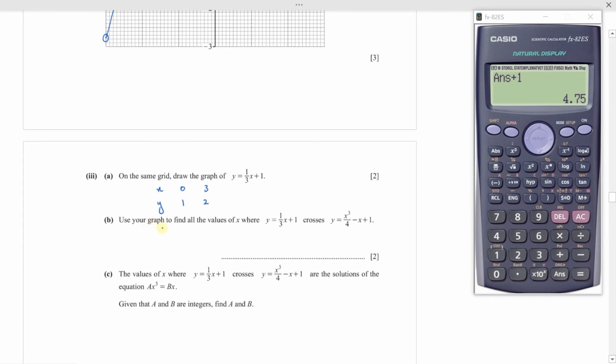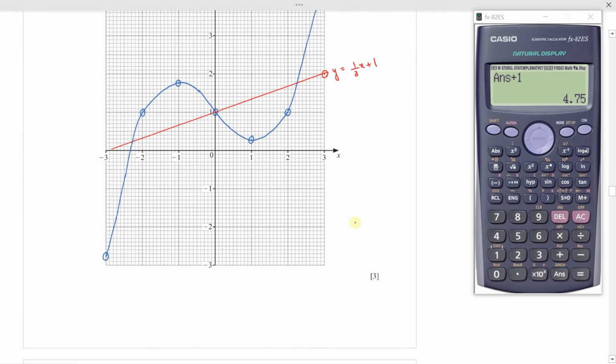The next part is use your graph to find all the values of x where the line y equals 1 over 3 x plus 1 crosses the curve. So these will be the intersection points. I can see that this would be my first point here.